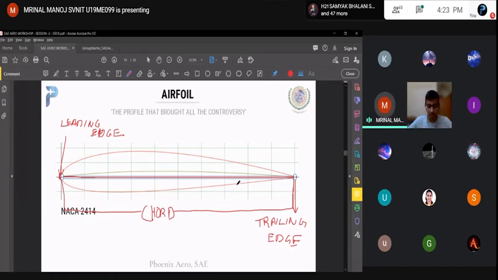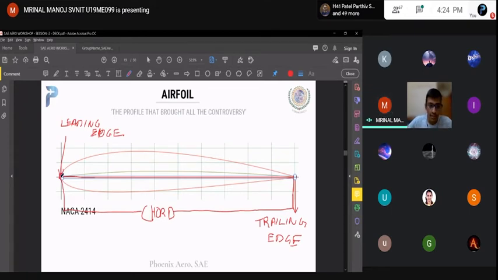Now you can see that the airfoil is curved. This curve, as we have seen, contributes to flow turning, and it helps to generate lift.